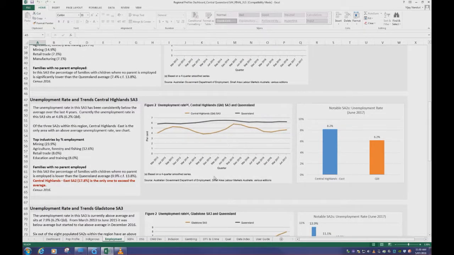Line charts are provided which also show the trend in unemployment for that SA4 and SA3 over the past few years. The brown line is the region itself, and it compares against the grey line, which is the Queensland average.